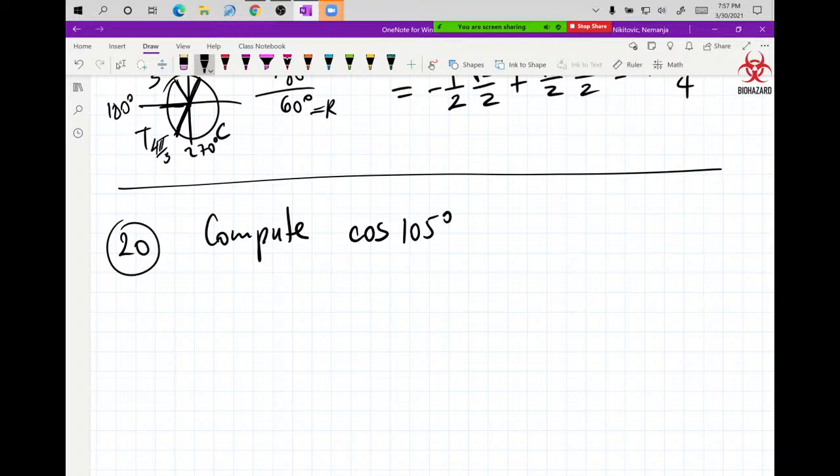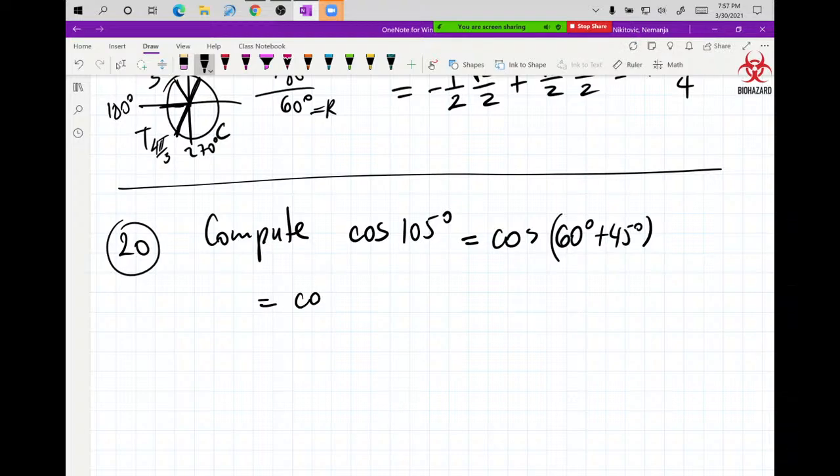So cosine of what do we have? 60 and 45. And then we expand that with our formula. So cosine of 60 plus 45 degrees.